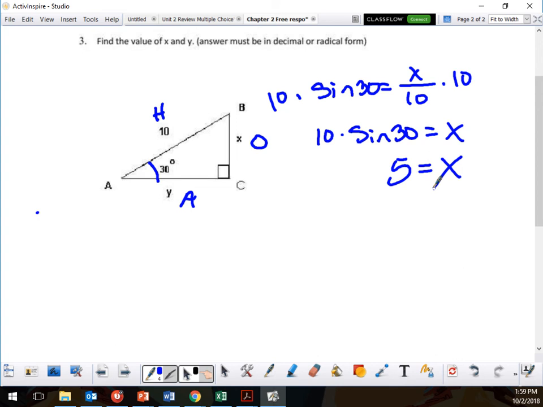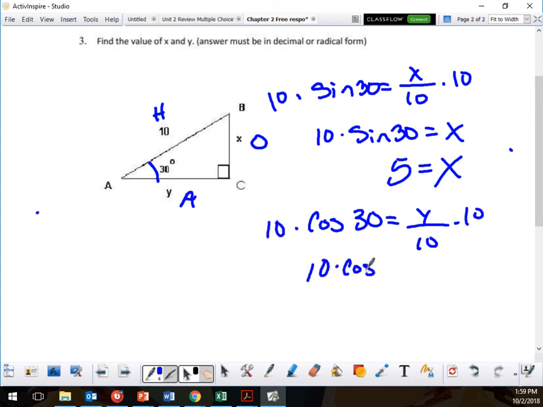All right, so now this next one we're solving for the y, so that means I'm using adjacent and hypotenuse. So you can use a shorter way, cosine, right? Cosine of 30 is equal to y over 10, multiplied by 10. 10 times cosine of 30 is equal to y.